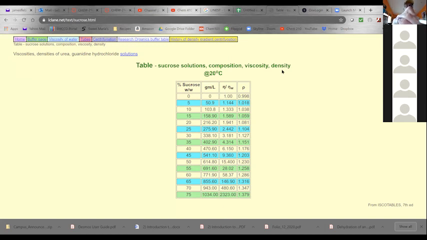So this is the density here, the last column. So then you can check your work, like what did you get versus what's been published as the actual density. And we'll see if it's close. Should be fairly close. It won't be exact, of course, but it should be fairly close.